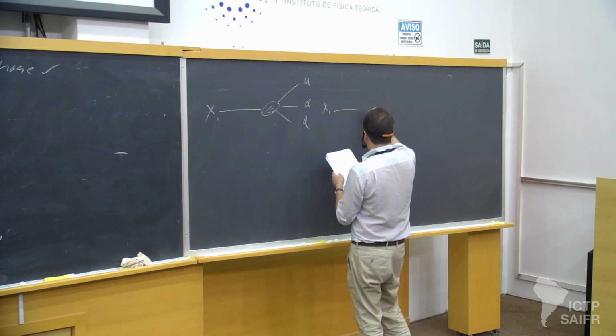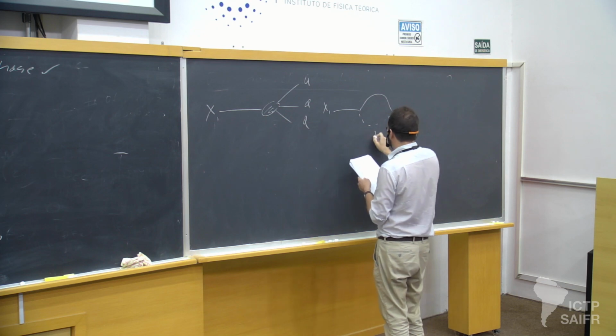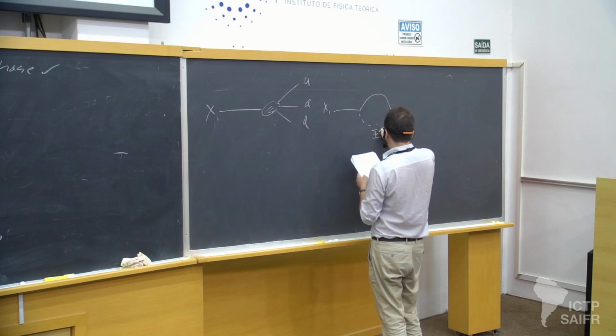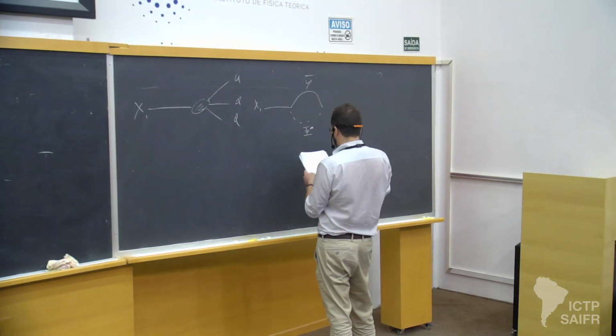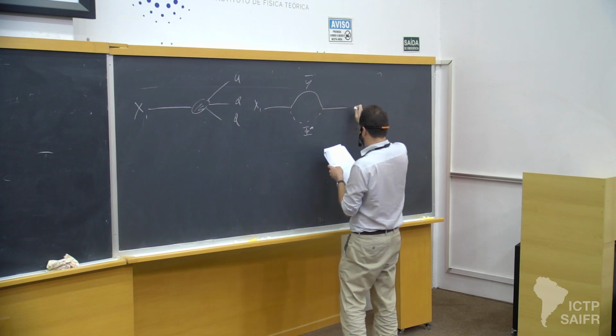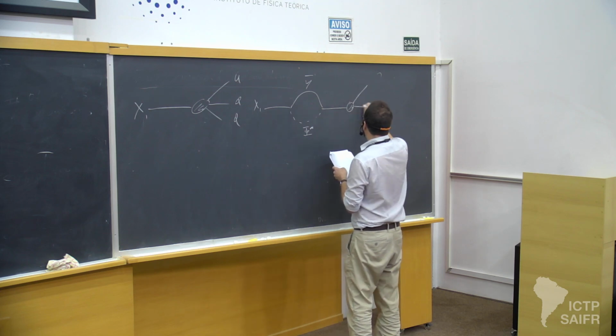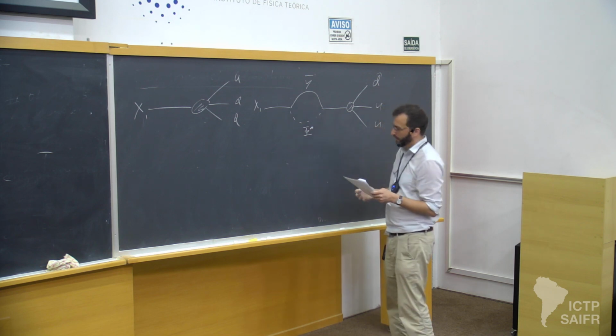Okay, so the asymmetry arises from the CP violation, through the interference between this tree-level decay with this effective operator and the loop decay. Okay?